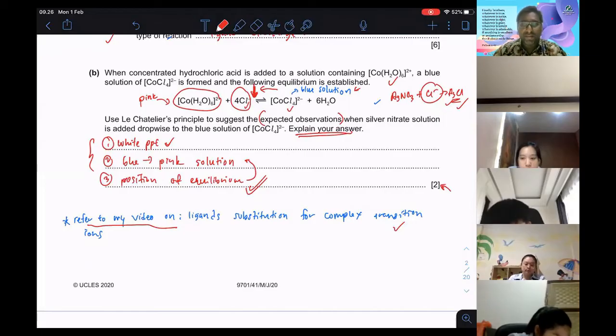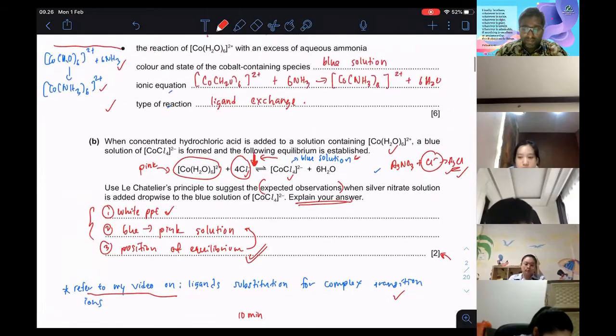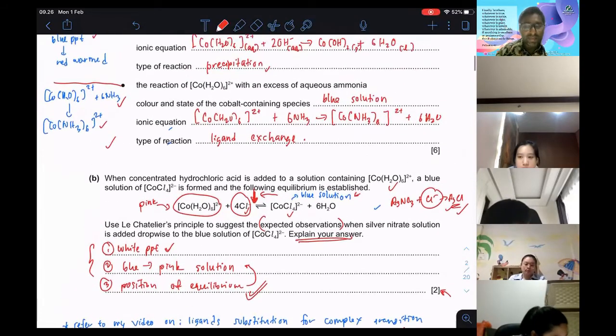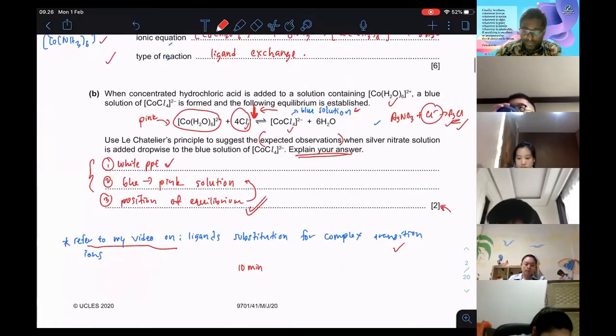I have discussed in a 10 minute video all the equations involved for ligand substitution. In this particular question, we have discussed 3 equations involving cobalt. So you still need to learn about copper, so please watch that video about copper.